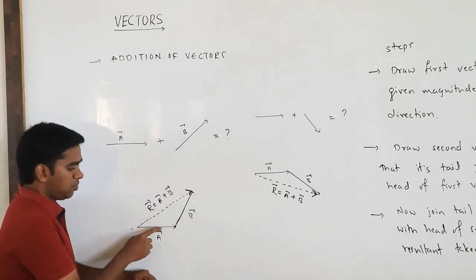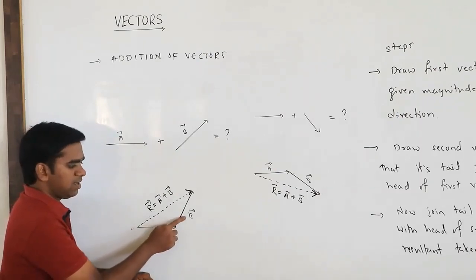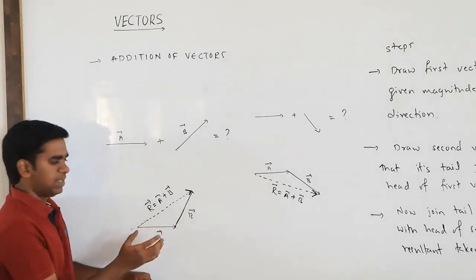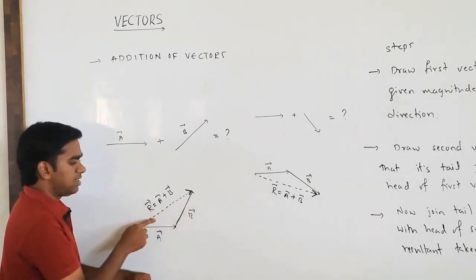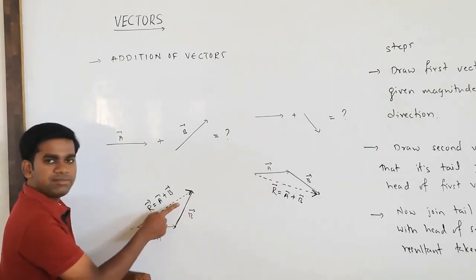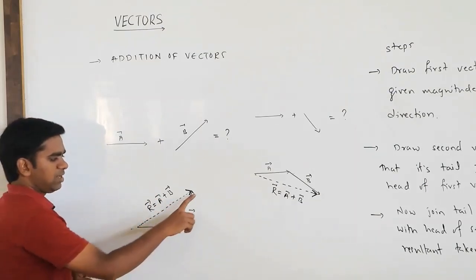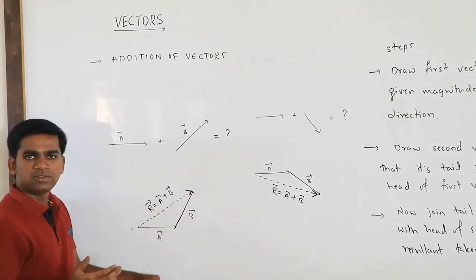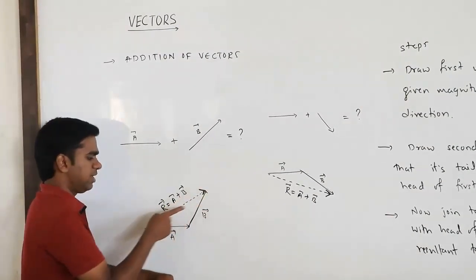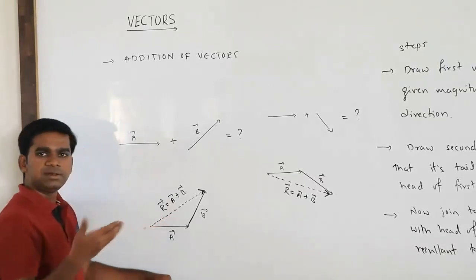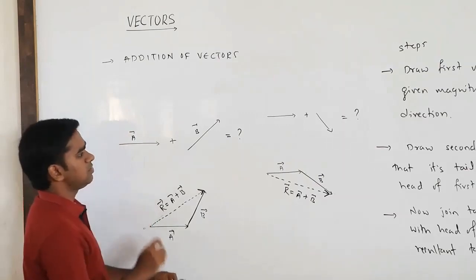If two non-zero vectors are taken as the sides of a triangle in the same order, then the resultant will be the third side of the triangle taken in opposite order. So the order we should mention.